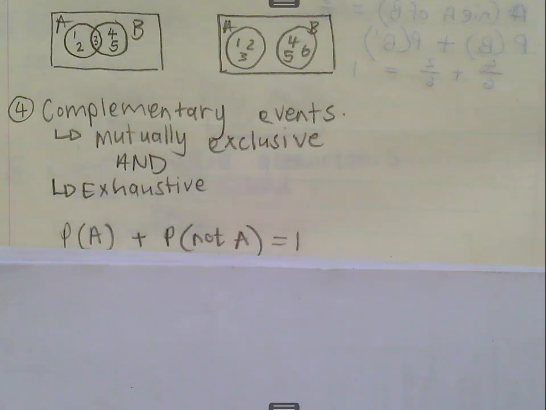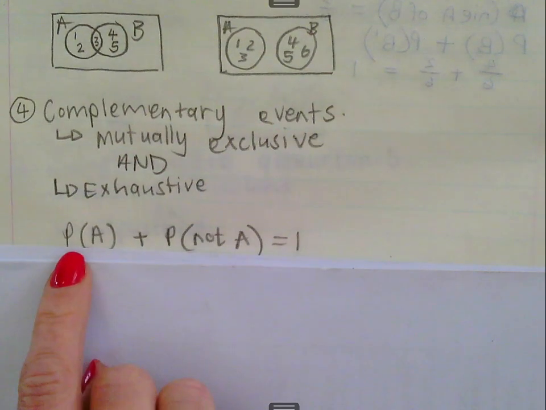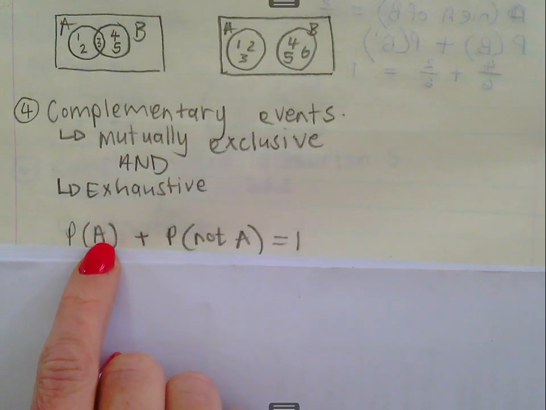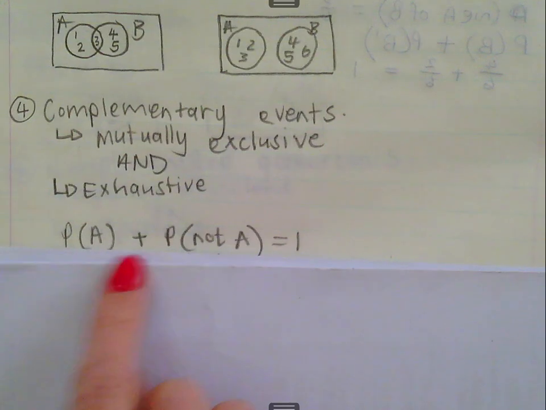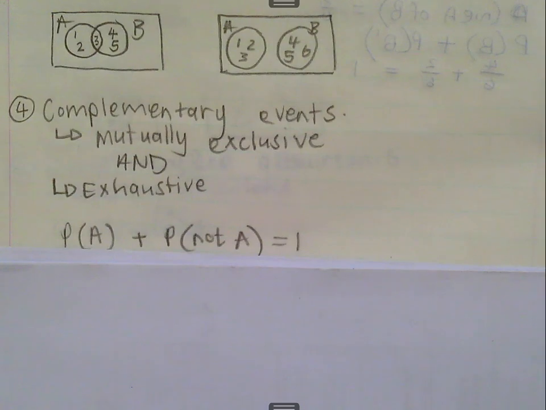If I take the grade 11D class and I say the probability of me choosing, without cheating, a learner in the grade 11D class that has mathematics, pure math, and the probability of choosing someone that does not have mathematics, in other words, they would have math lit, is 100%.